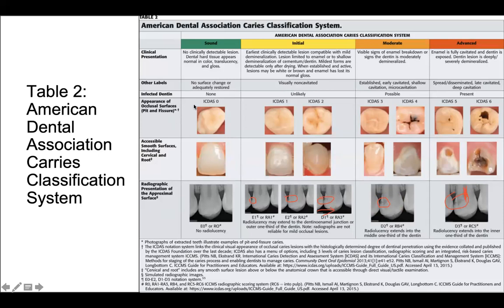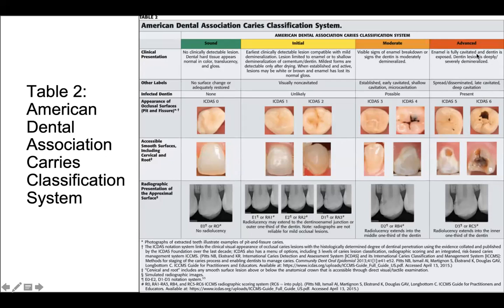So these are ICDAS stages 0 to 6, whereas stages 1 and 2 are initial, stages 3 and 4 are moderate, and advanced is stages 5 and 6. In the initial stage, the dentin is unlikely to be involved. In moderate, the possibility of infected dentin or dentin caries is there. And in advanced, of course, definitely it has almost reached the pulp.